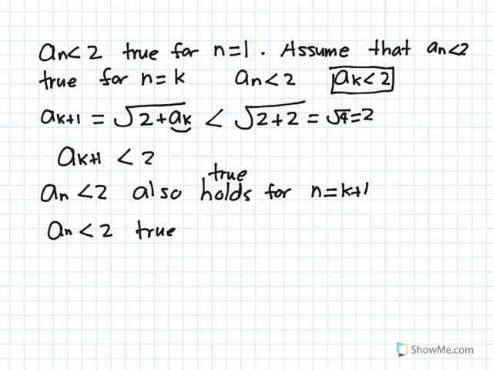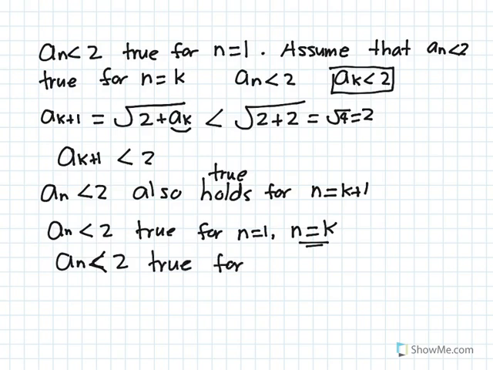So a_n is less than 2 is true: we proved it's true for n equals 1, and we assumed it's true for n equals k. And then we also proved that a_n is less than 2 is true for n equals k plus 1.